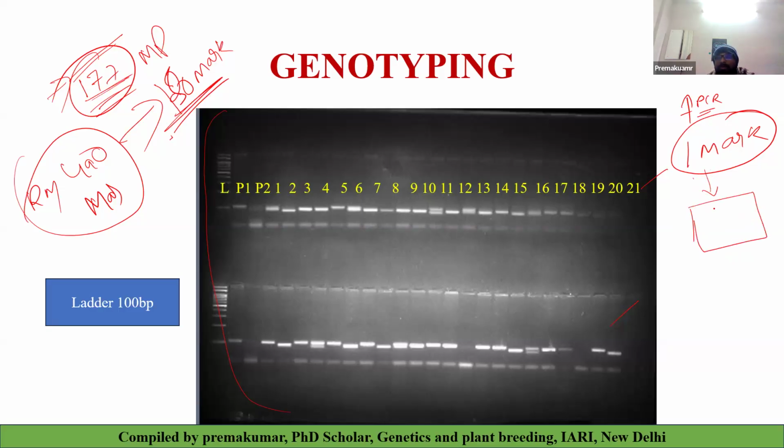One PCR plate has only 96 wells, and 6 wells go for parents, so only 90 individuals. At least 2 plates are needed for one marker. For 150 markers, 300 PCR plates.